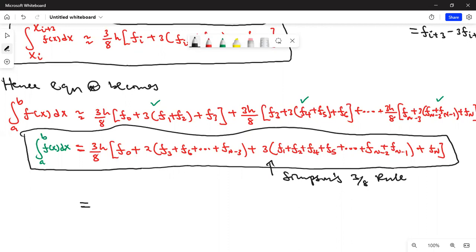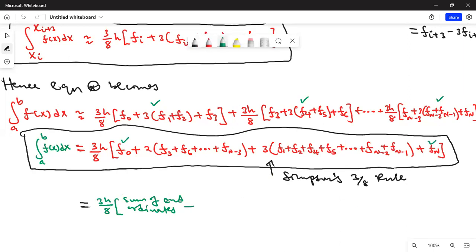In words, it is the same as 3h over 8. Then here we have the sum of end ordinates, that is the f naught that you can see here and fn. Those are the end ordinates.